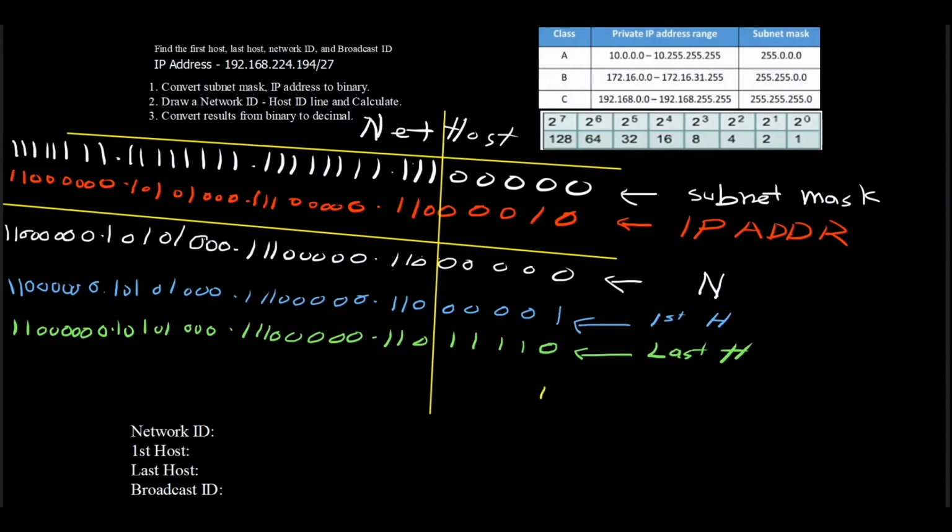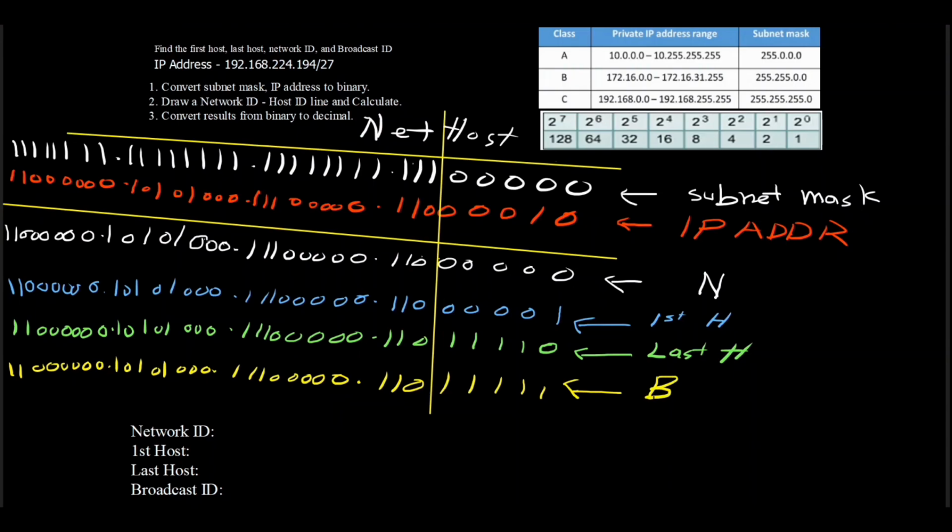So 1, 2, 3, 4, 5, and from the left side again it's going to be the same. So 3, 5, 1, 2, 3. I have 3 zeros here. 1 0 1 0 1 1 2 3 4, 5, 6, 7, 8. And this is my broadcast, so B.